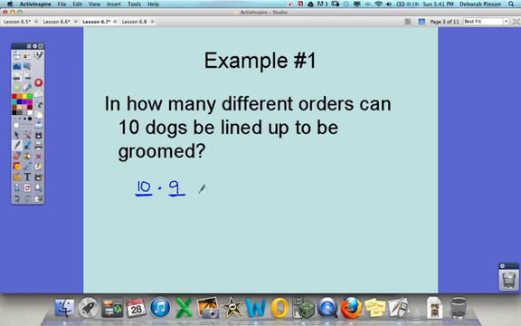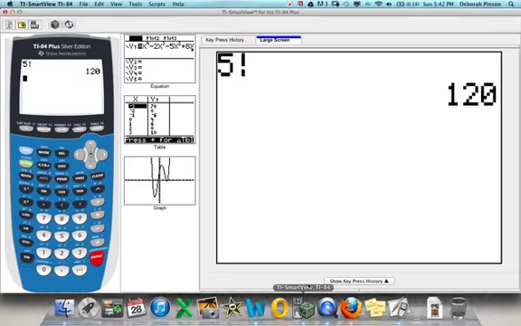Now, do y'all see where this is happening? On the third one, I've picked 2 dogs already. I've got 8 choices left. See how this is becoming my factorial thing? So 10, I should probably put dot dot dot because that's continuing on. 10 factorial should tell me how many different ways I could line those dogs up.